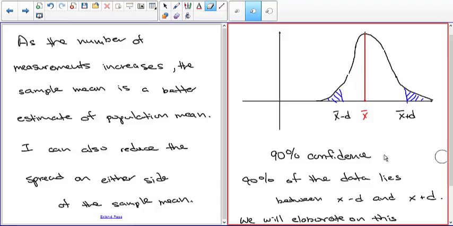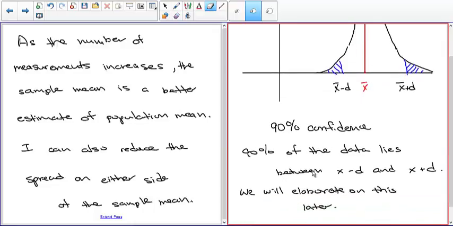So when we talk about 90% confidence, we're saying approximately 90% of the data lies between these two values, just like we said 95% of the data. It's not exactly that, but that's the general idea. Like I said, we'll elaborate on this later. But for right now, we'll say it's 90% of the data.